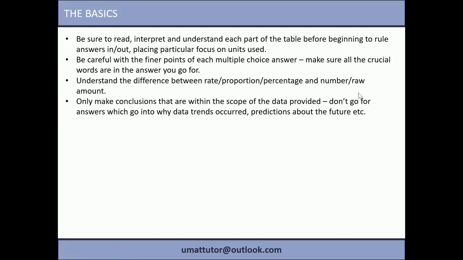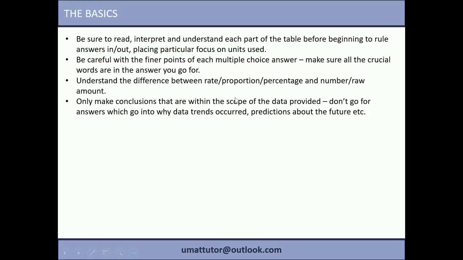So again, just as an example, if you have a table showing the rates of smoking, say, in Australia versus India, well, the rate of smoking might be a lot lower in India, but if an answer says that there are less people in India who smoke, that would be incorrect because the table is dealing with the rate or proportion, whereas the answer in that example is dealing with the raw number. So it's a very important difference to pick up on.